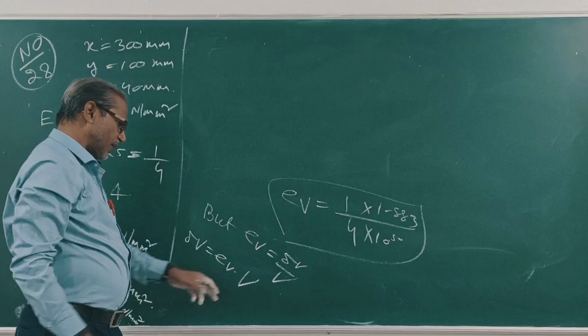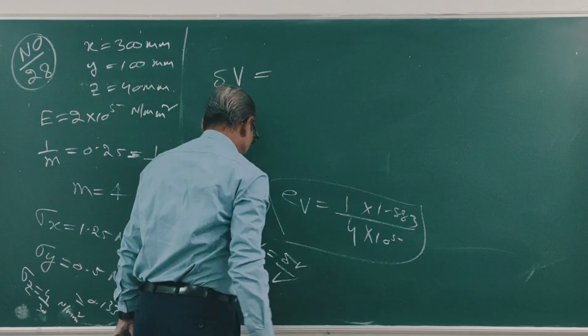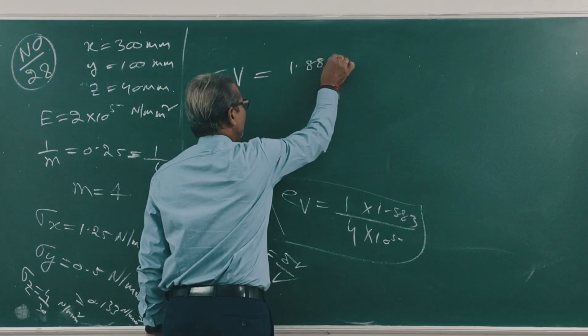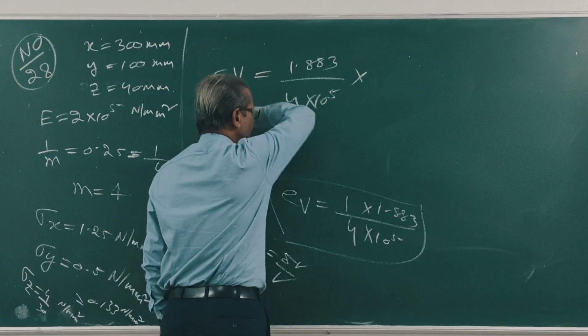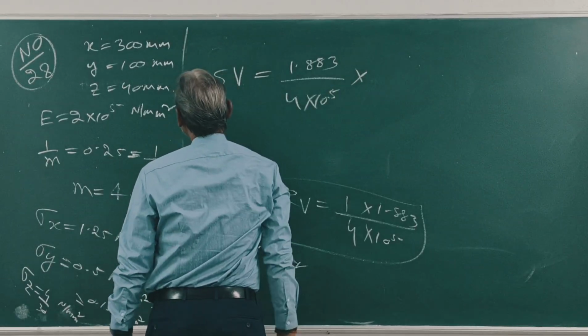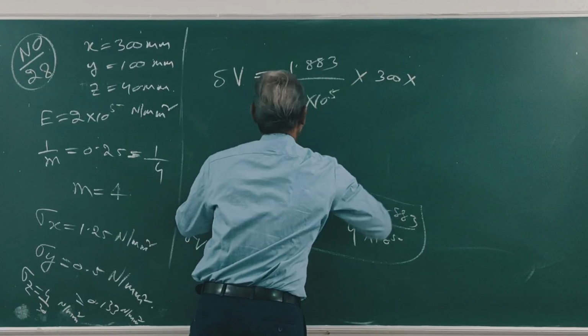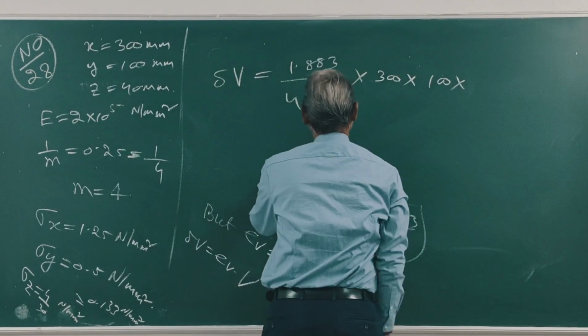So put here: delta V is equal to EV, this is EV, 1.883 by 4 into 10 to 5 into x 300, y 100, right?